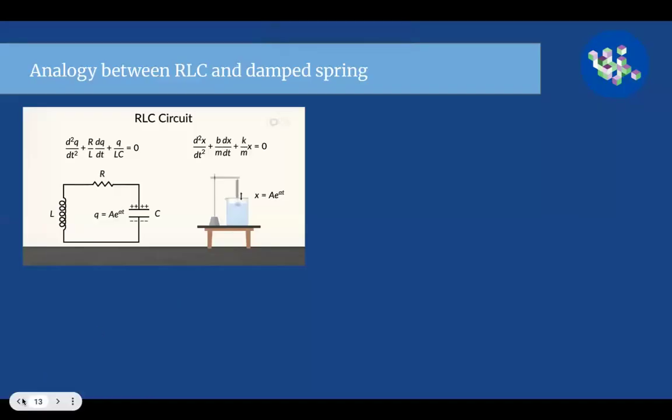Right now, let's look at the differential equation you can write when you're solving an RLC circuit. So you know your Kirchhoff loop rule. You have a voltage drop here, you also have a voltage drop here. So we can say that the sum of the total voltage drop and voltage rise has to equal zero.